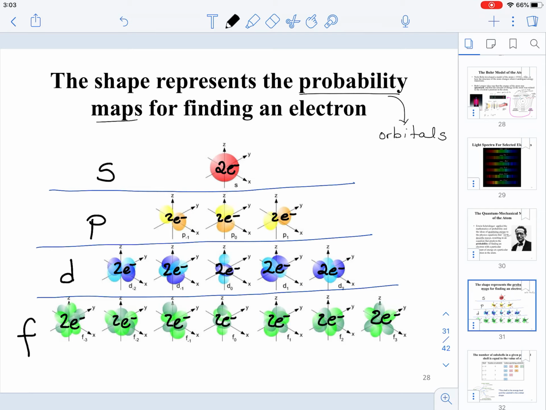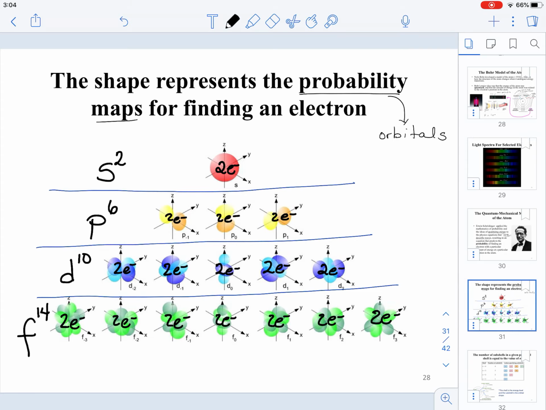For the S orbital, it will be 2 electrons, and we're going to place it as a superscript. For the P orbital, a maximum of 6. For the D orbital, a maximum of 10. For the F orbital, a maximum of 14. And that's because of the number of probability maps, and because each probability map will hold 2 electrons.